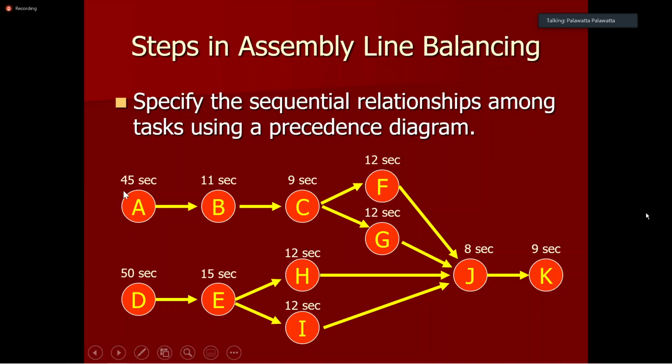The times taken for each unit are written near the task. This is what we call the precedence diagram.